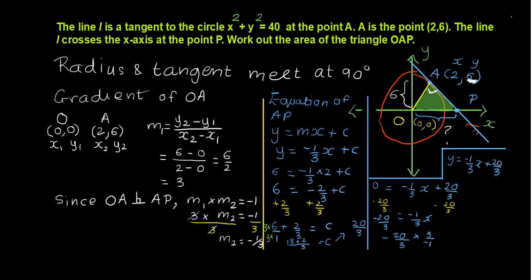I'm just skipping a few steps because I'm struggling for space. I can't go on the other page without the video not being recorded, so these two cancel out and it all multiplies to give you a nice value of x equals minus 20.